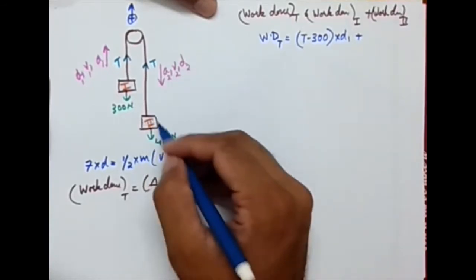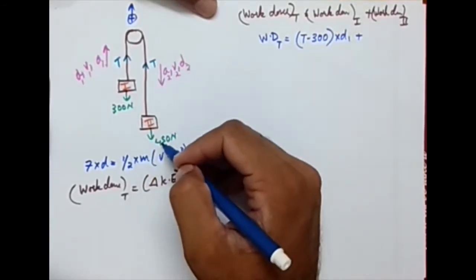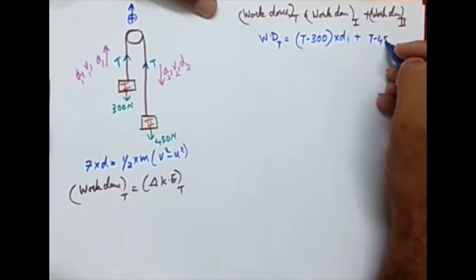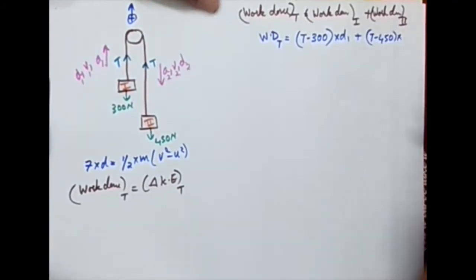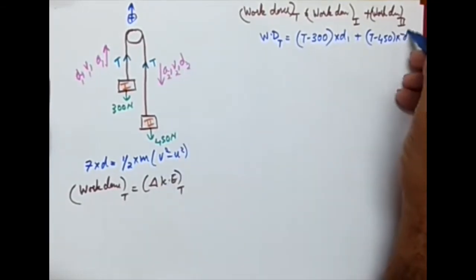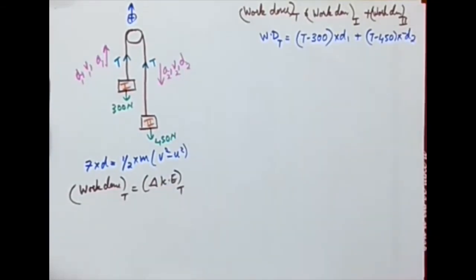Plus, I'm considering block 2. So T minus 450. T is upward, 450 is downward. So T minus 450, and the displacement is in the opposite direction, which means minus D2.